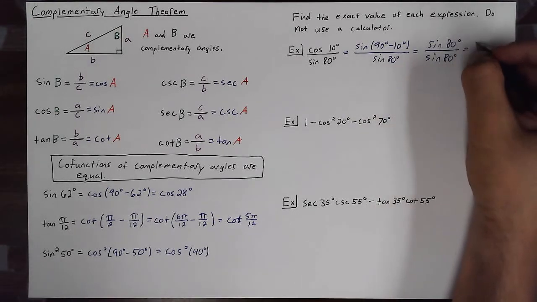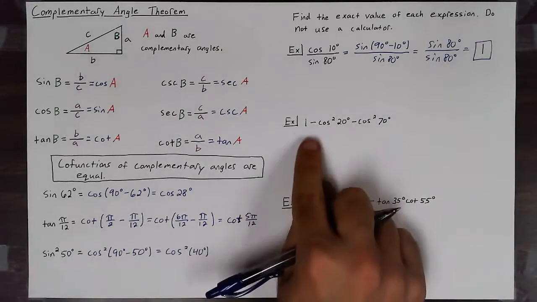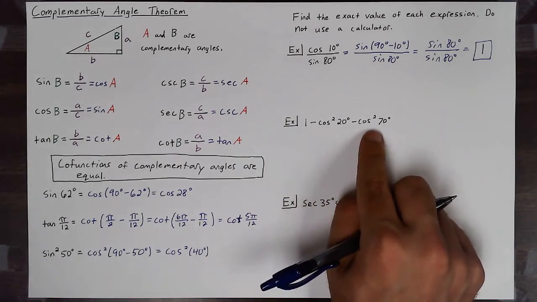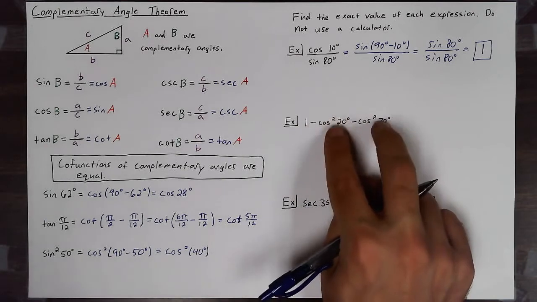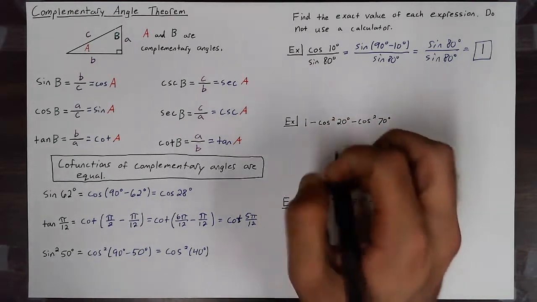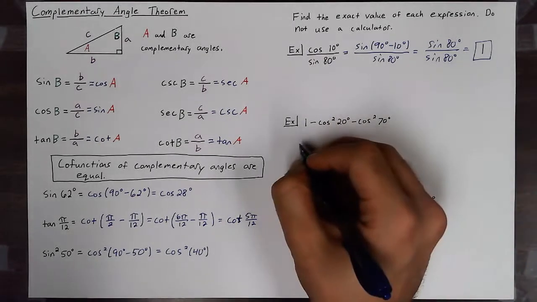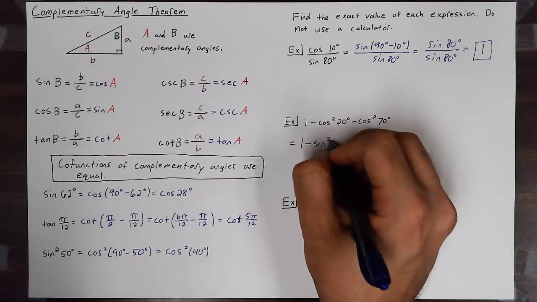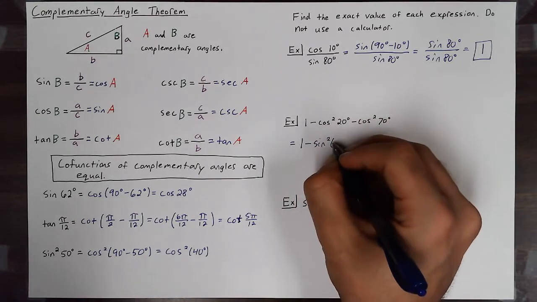But let's look at 1 minus cosine squared of 20 degrees minus cosine squared of 70 degrees. 20 and 70 are complementary angles. So what I could say is that this is equal to 1 minus sine squared of the complement of 20 degrees.